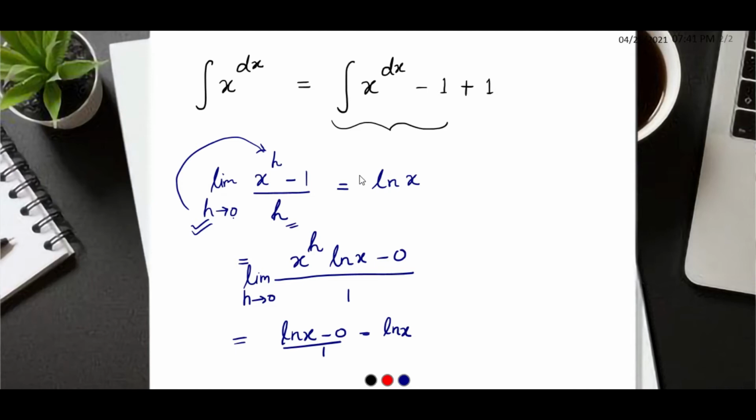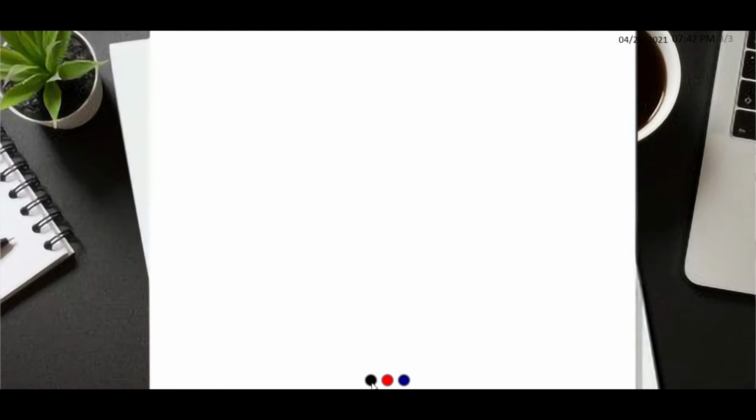Now what is the purpose of using this limit in this integral? Let us try to apply it. So we have integral of x dx equals integral of x dx minus 1 plus 1. Now note that dx means a very small change in x.